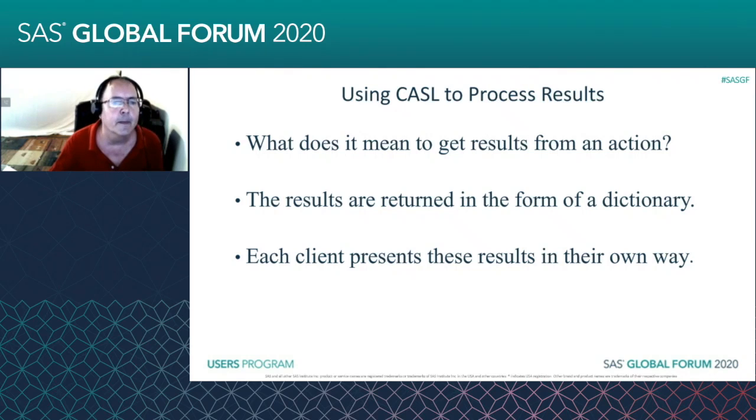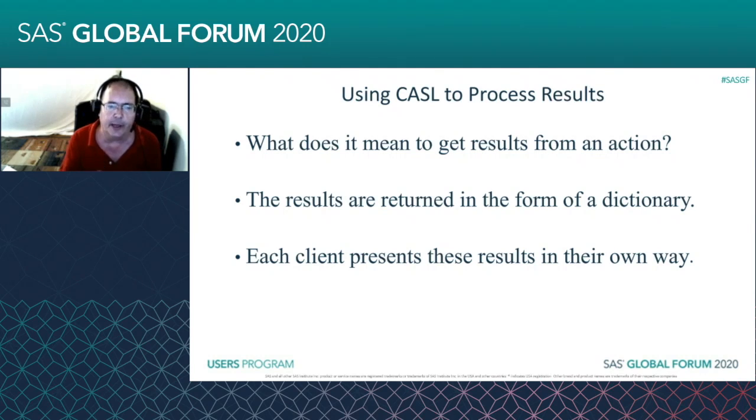Now, one of the things that we want to look at is that results are returned in the form of a dictionary. We have to remember that. So if you do a summary operation, you're getting back a result table. That result table isn't your result. That result table is in a dictionary. You must pull it out in order to use it. That's one of the most prevalent mistakes people make, is trying to use a dictionary as an item, such as a result table.